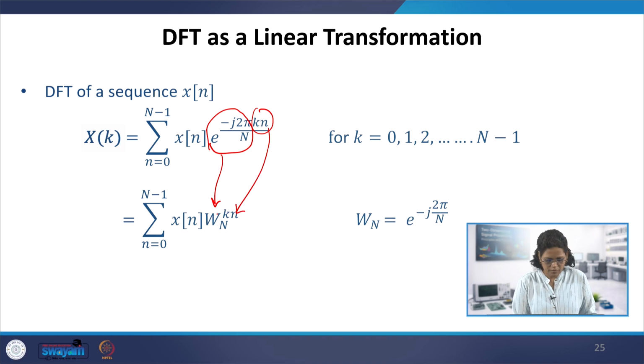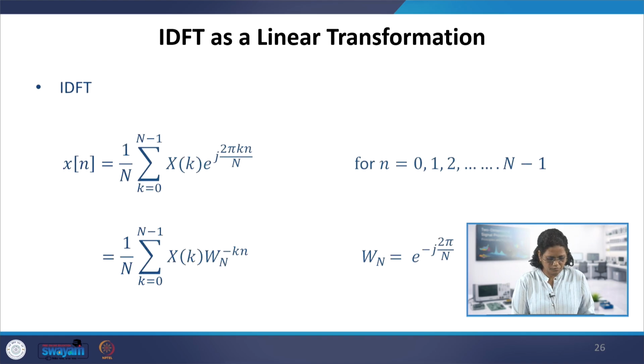Similarly in the IDFT, x of n has e power j 2 pi k n by N, which with the positive sign is W N power minus kn. So you can see the twiddle factor gets replaced in the IDFT as well as in the DFT.